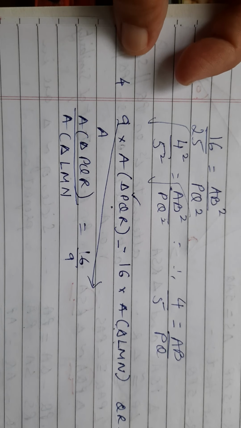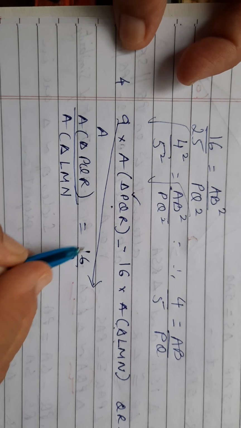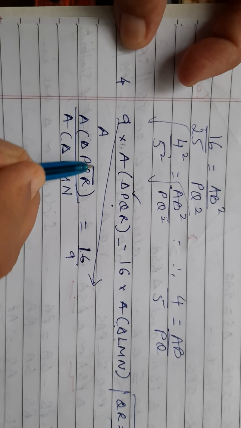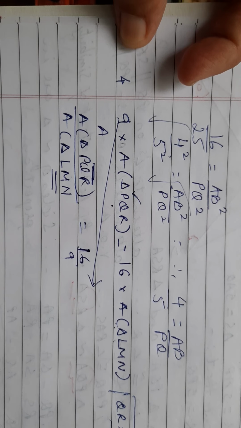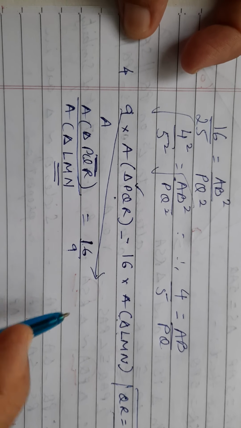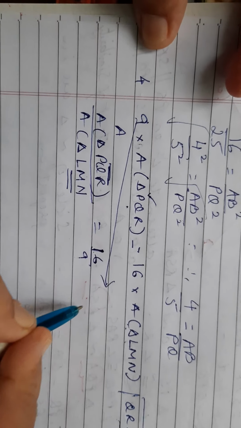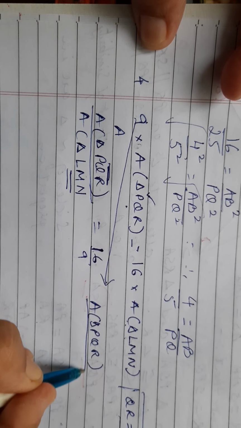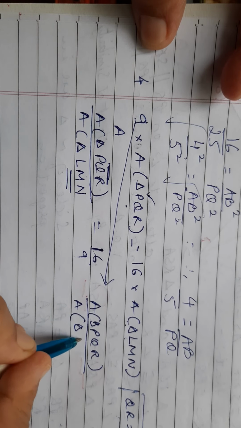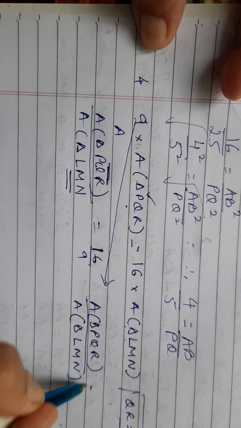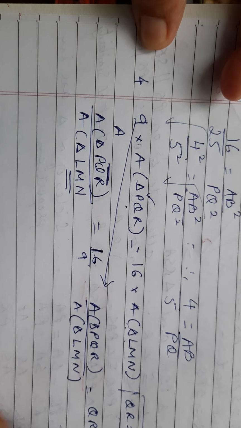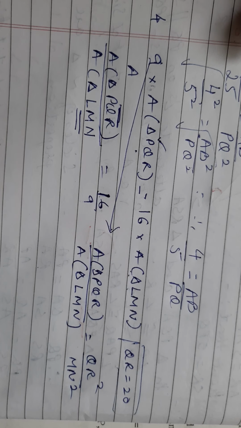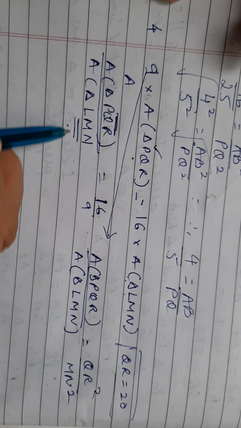Now 16 upon 9, what does the formula say? Which side is given? QR is given. So we will take the last two alphabets. That is, area of triangle PQR upon area of triangle LMN is equal to QR square upon MN square. We take the last two alphabets as said.